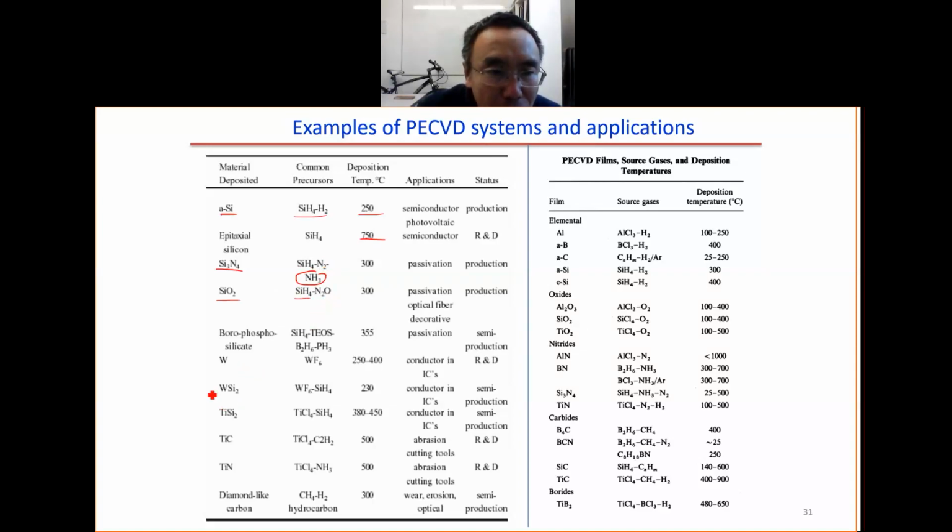Tungsten and other materials are more for coatings to make very hard cutting tools, abrasion tools. They are used in industry, but not much in the lab. In the university lab, we normally have these three, the popular films for research labs. Those are the source gases for different films and at different temperatures.